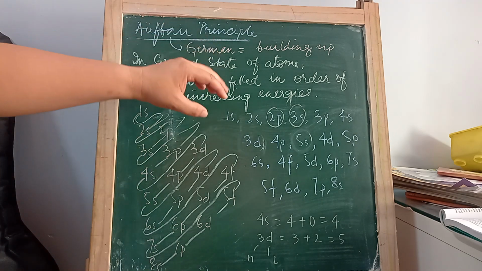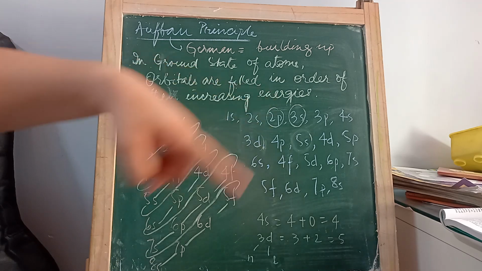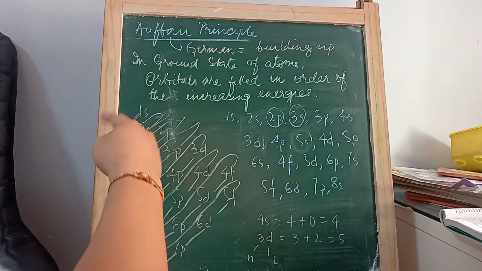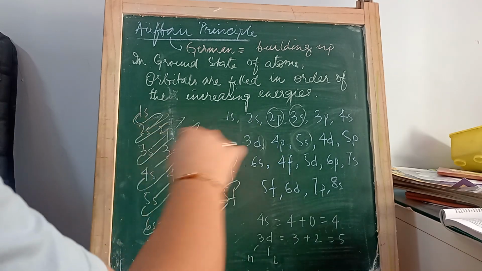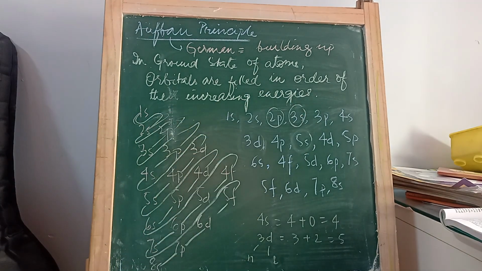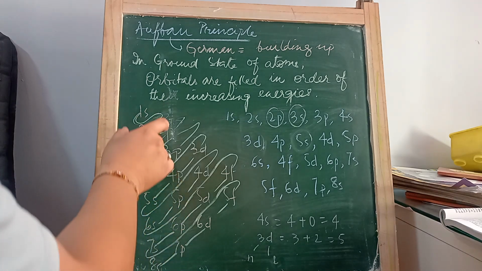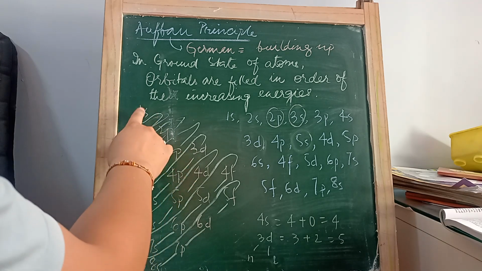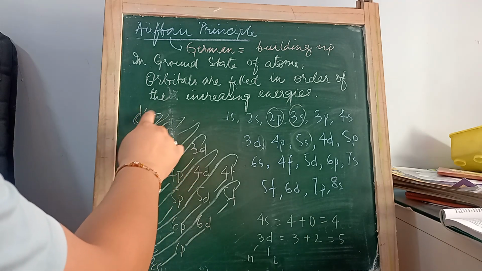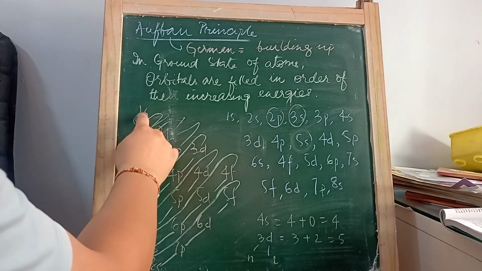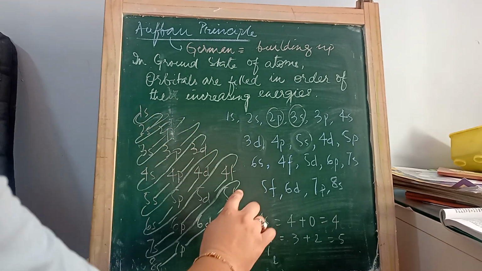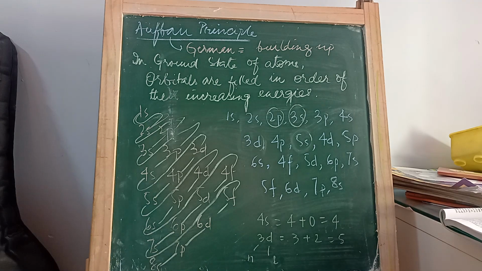The principle simply says that it should be filled in the increasing order of energy. So we first need to arrange the orbitals in the increasing order of energy. There's a simple rule which you can write like this: starting from 1s, write the orbitals in rows, first row, second row, third row, fourth row, up to the eighth row.